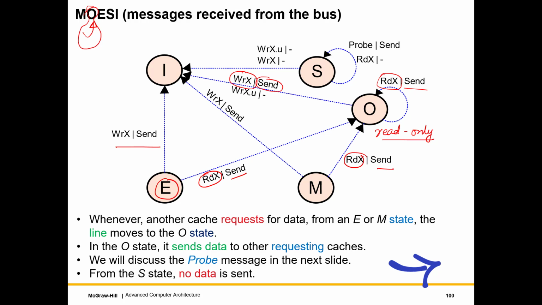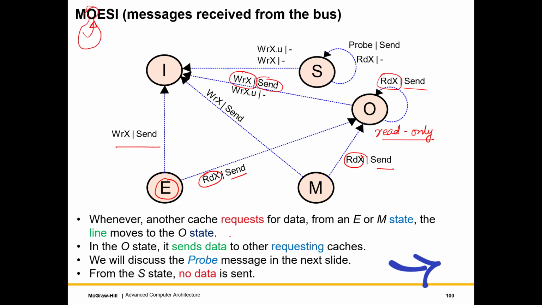So what we do is that from the E or M states, if a write miss comes, then of course we send the contents of the block, and we invalidate ourselves, which in any case has to be done because it is a write invalidate protocol.